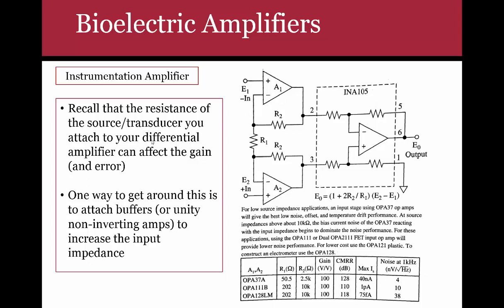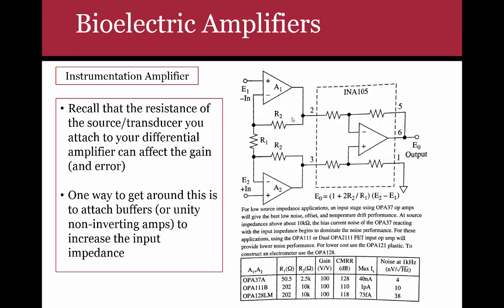So why would you want to attach the buffers? It goes back to the previous discussion I had with you earlier regarding the impedance of the electrodes, right? They're very non-linear and very complicated, so the impedance can change the gain of your amplifier. To get around that, you're going to put buffers here on each end of the electrodes.